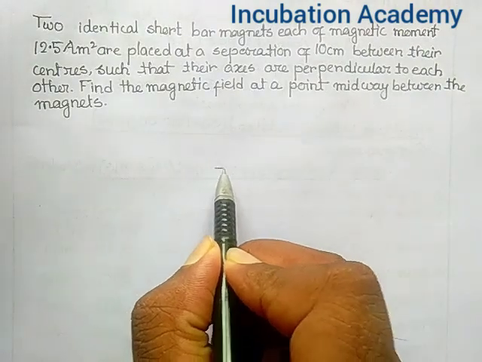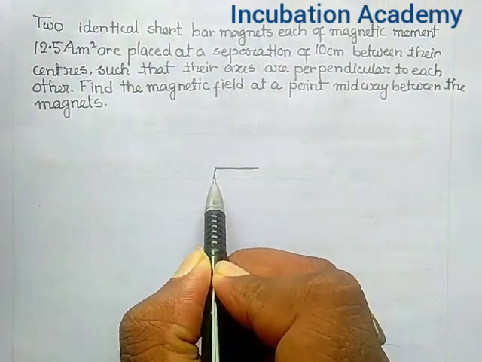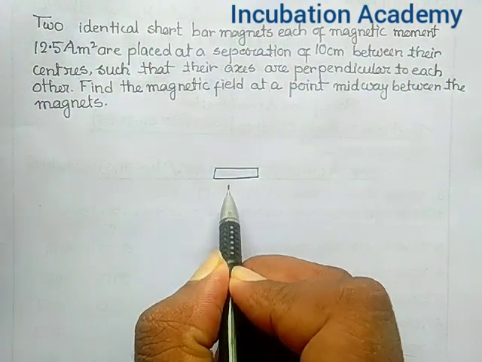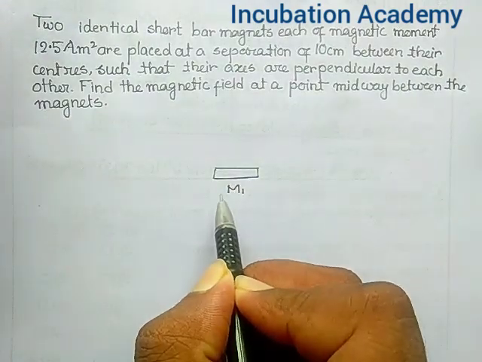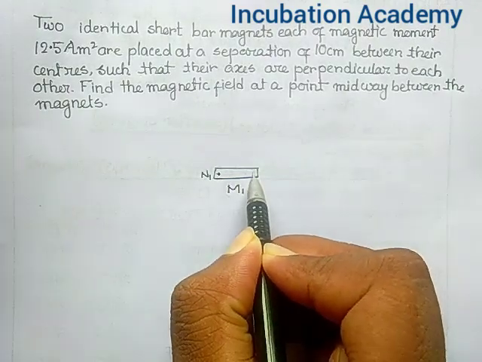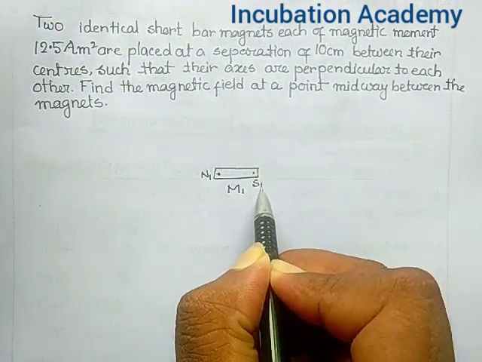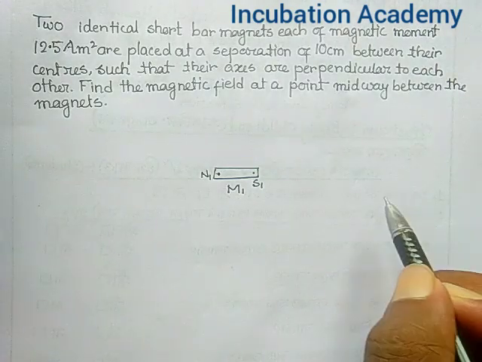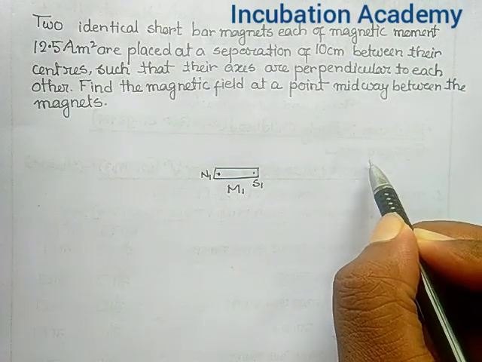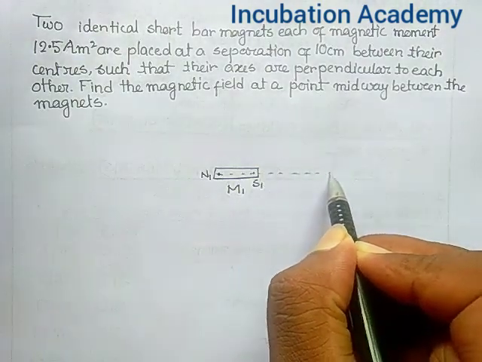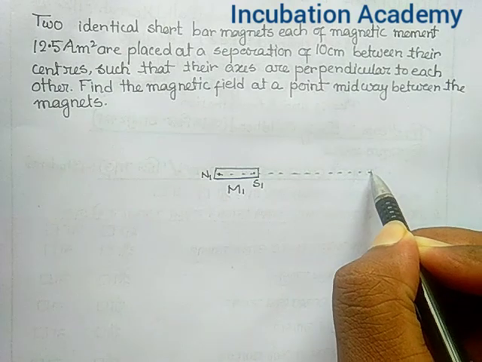So let us consider this is the first short bar magnet. Let us say it is M1. It is the north pole of M1, that is N1, and this is the south pole of M1, that is S1. Another bar magnet is placed such that the axis of M1 is perpendicular to it.